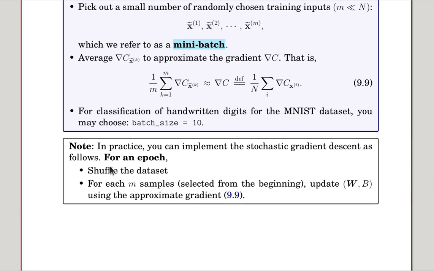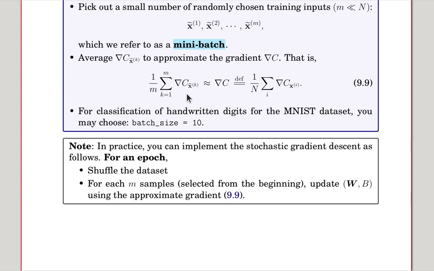An epoch means that once you have accessed all the data points in the training set, we say we finished an epoch. Each update is an iteration, so an epoch has many iterations.